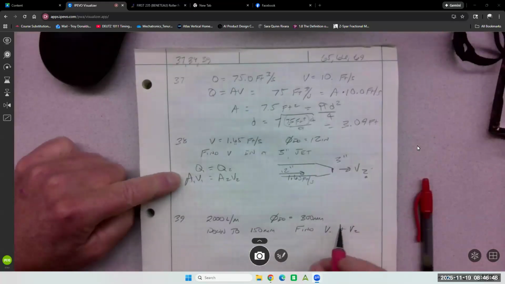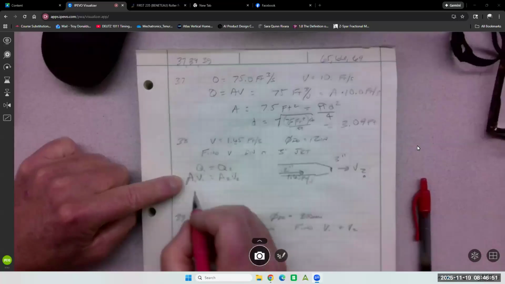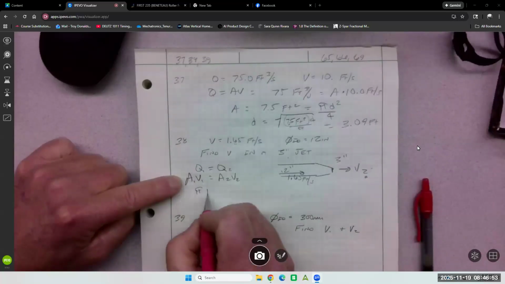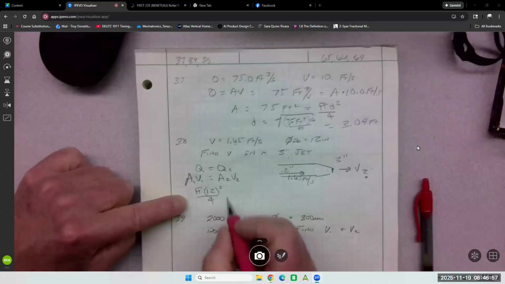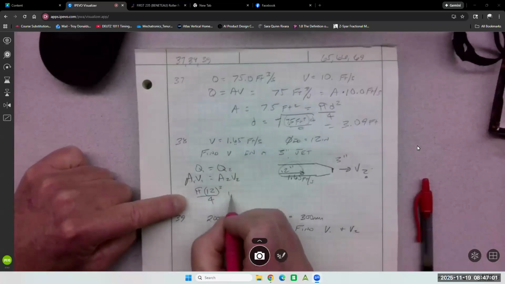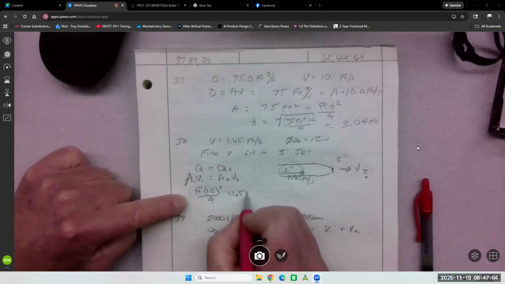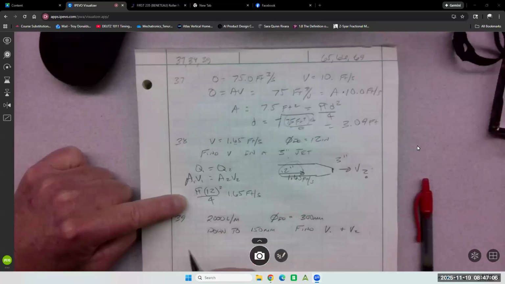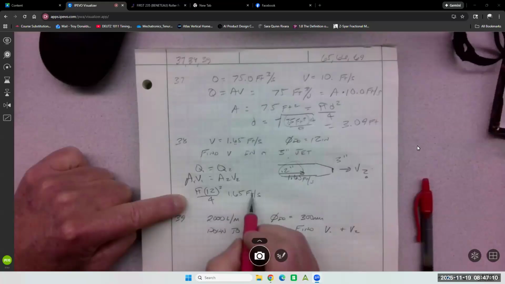So area of the first part is going to be pi 12 squared over 4. Velocity of this first region, 1.65 feet per second. Since this is in feet, maybe this should be in feet or this needs to be in inches, but they can't be a different unit.